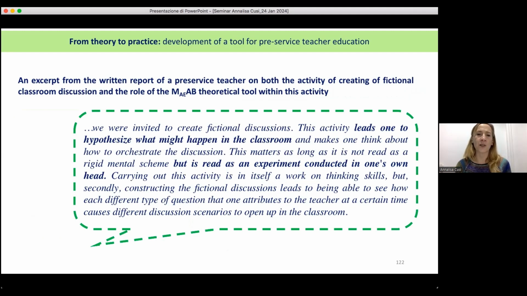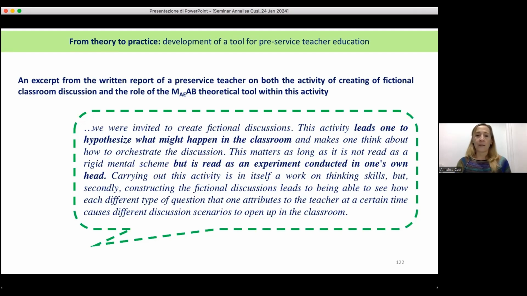I chose this excerpt since this pre-service teacher is reflecting on the creation of fictional classroom discussion as a tool for her professional development, but also on the role of the MAEIB theoretical tool within this kind of activity.